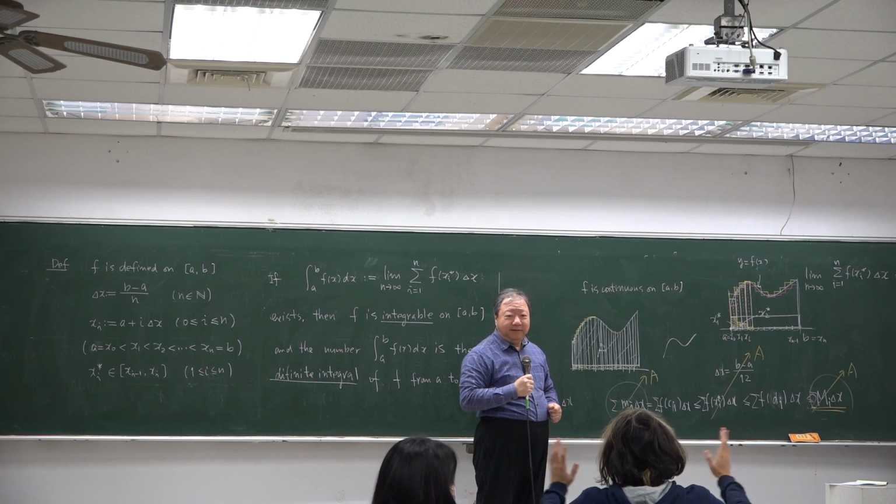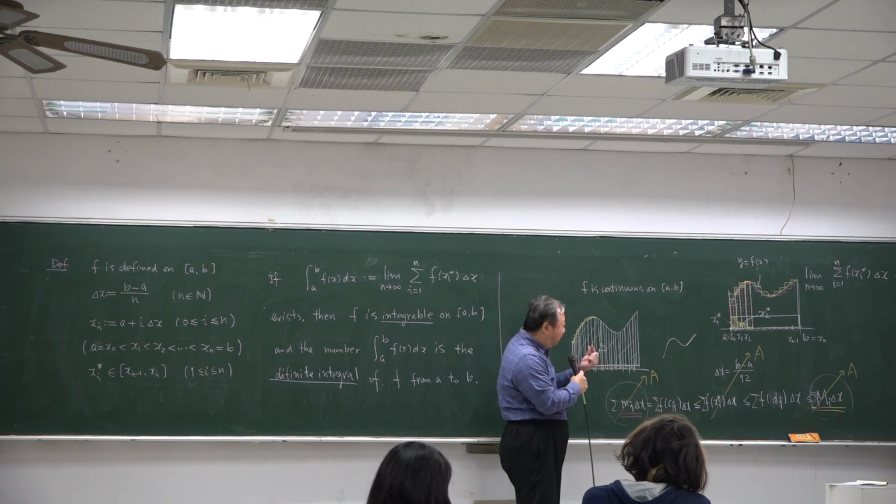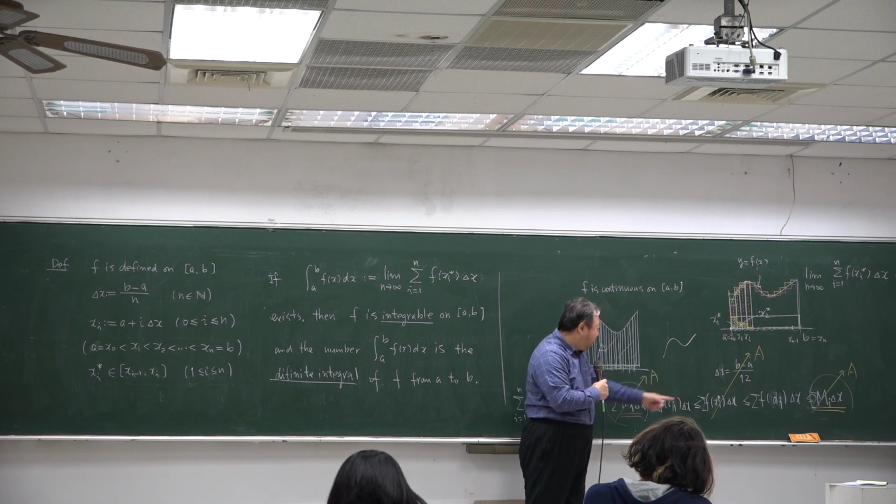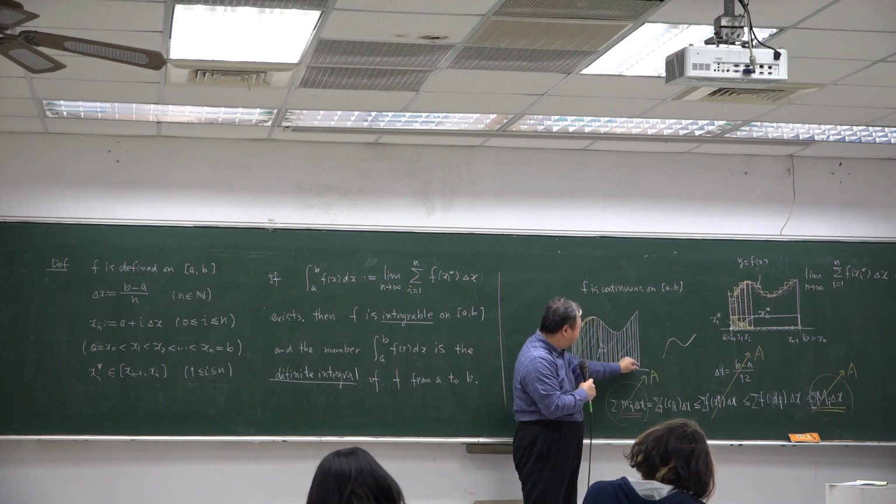So if n is larger, the lowest and the highest are almost the same, so the difference of the outer one and the inner one is almost zero.